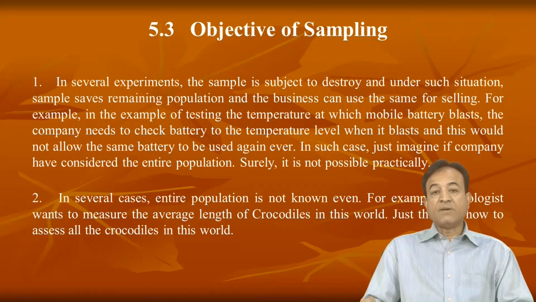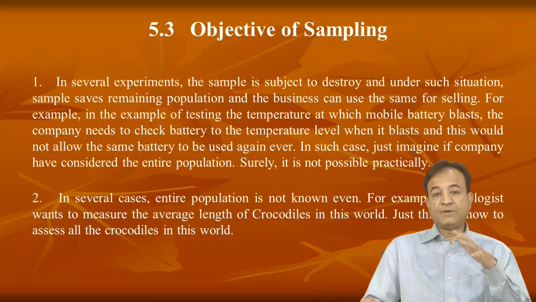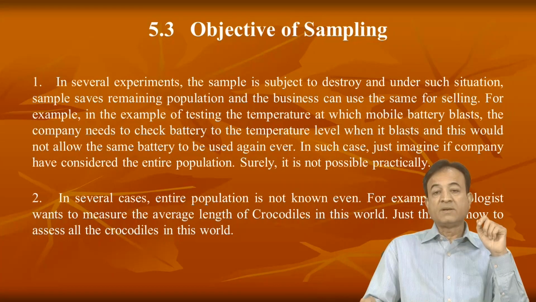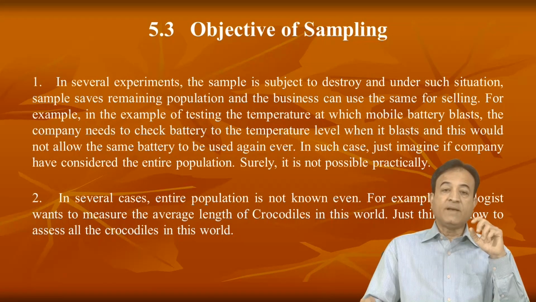First, in several experiments the sample is subject to destruction, and under such a situation the sample serves the remaining population and the business can use the rest for selling.